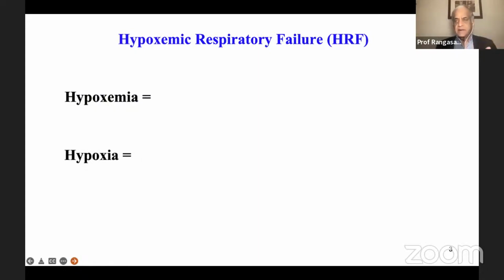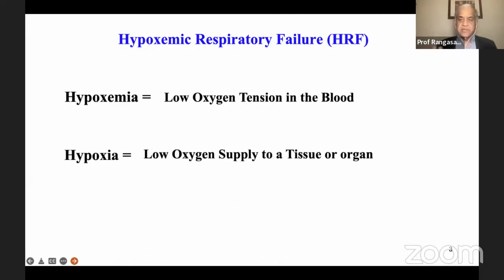Hypoxemia talks about low oxygen tension in the blood, low PaO2 or low saturation, whereas hypoxia refers to low oxygen supply to a tissue or organ. And I'm not doing any hemodynamics today, so I'm mainly focusing on hypoxemic respiratory failure or HRF.